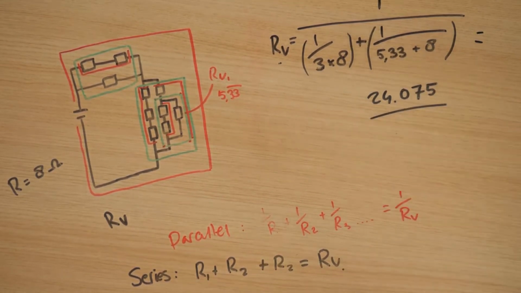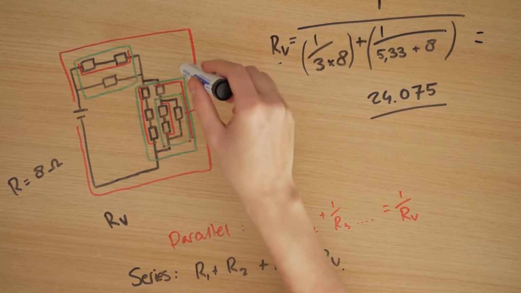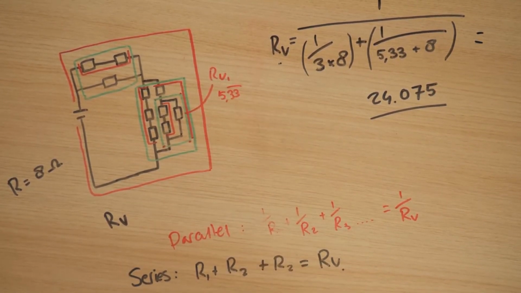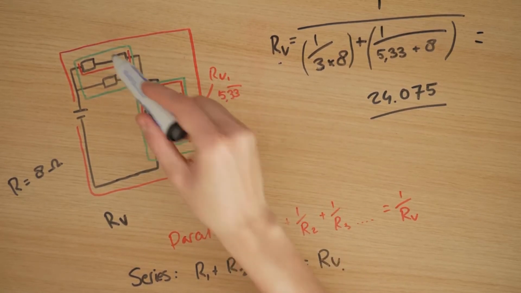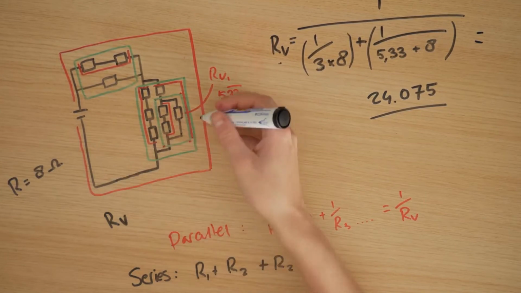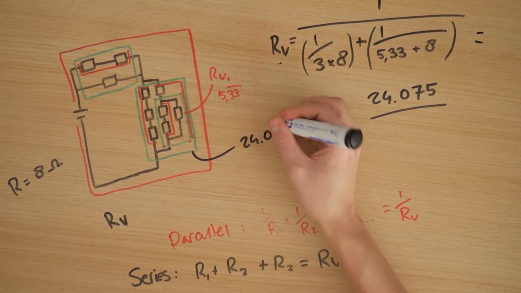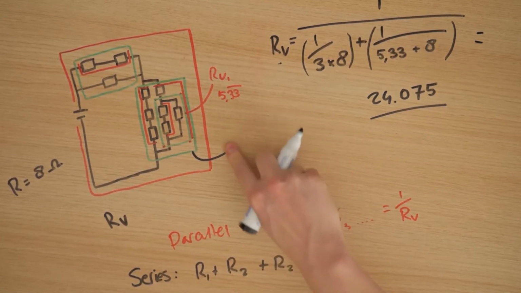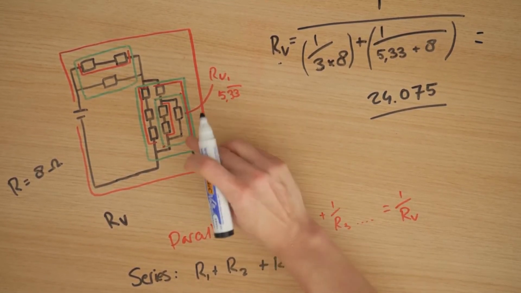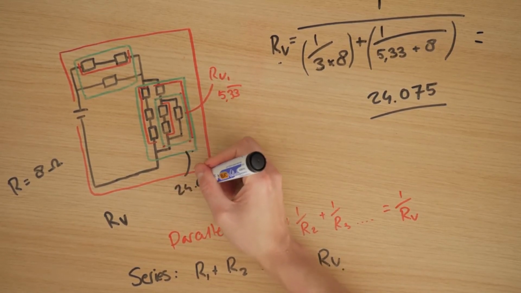So that's our RV equivalent resistance of this thing. Okay. Well, if we want to know the whole thing, we still have to do that part. But let's just say that this is 24.075.